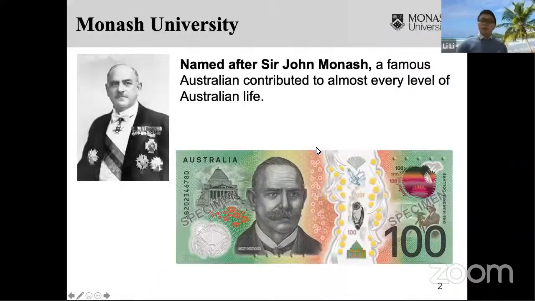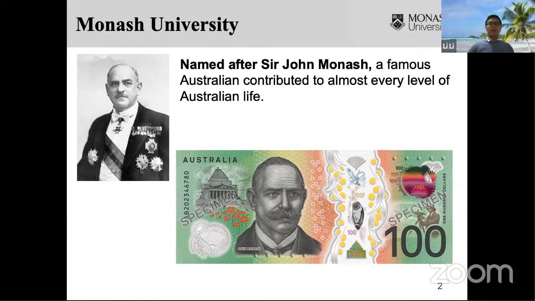Before going to the details, let me first briefly introduce Monash University, in case you have not heard about it before. Monash University is named after Sir John Monash, a famous Australian who contributed to almost every level of Australian life.